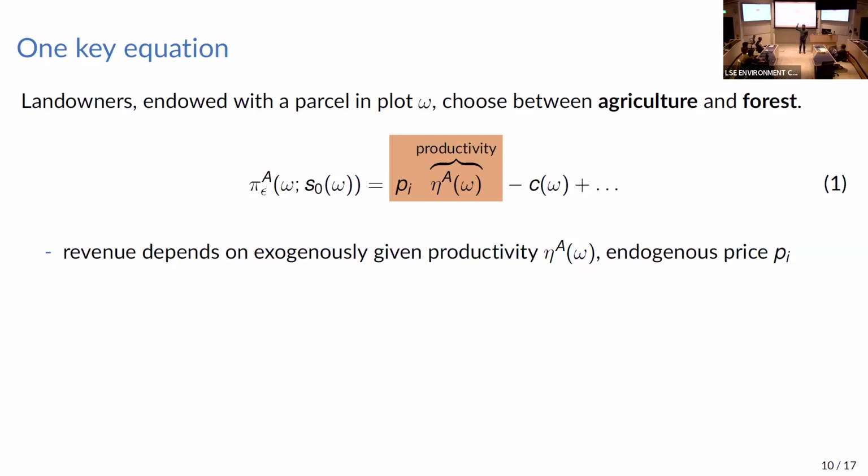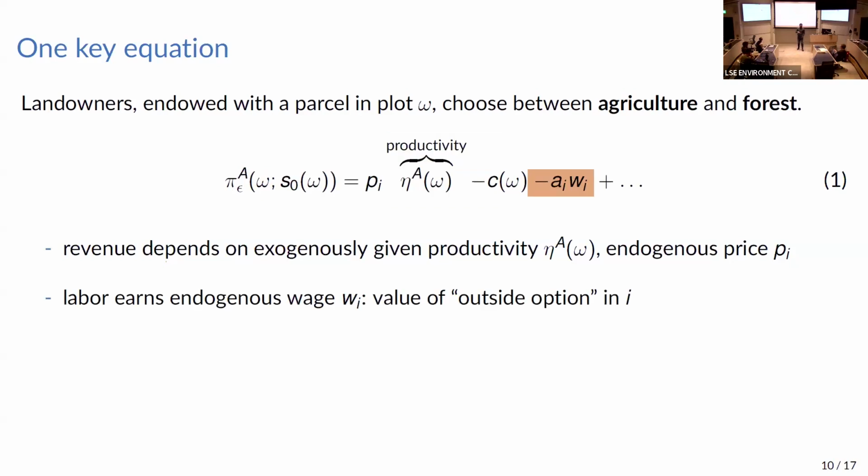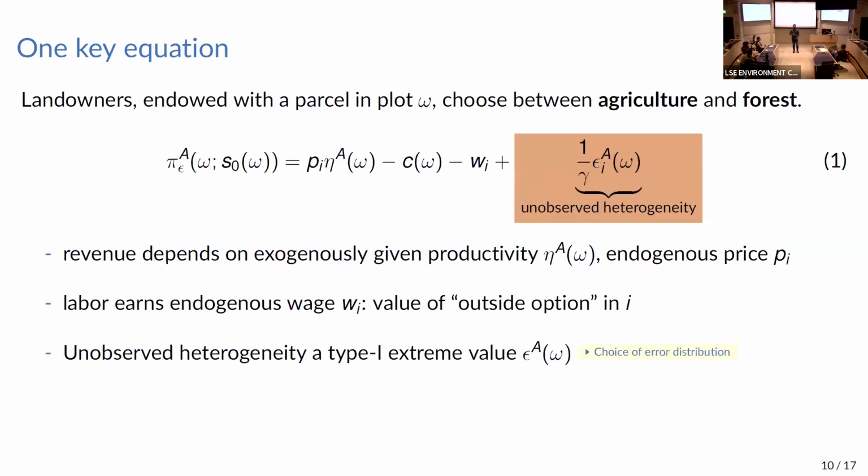I face some cost. I'm keeping this relatively general, but to a first order, think of this as a transportation cost for now. They're going to have to pay labor an endogenous wage. You can think of this wage as representing some outside option to not using this plot of land for agriculture. This wage is rationalizing that fact.